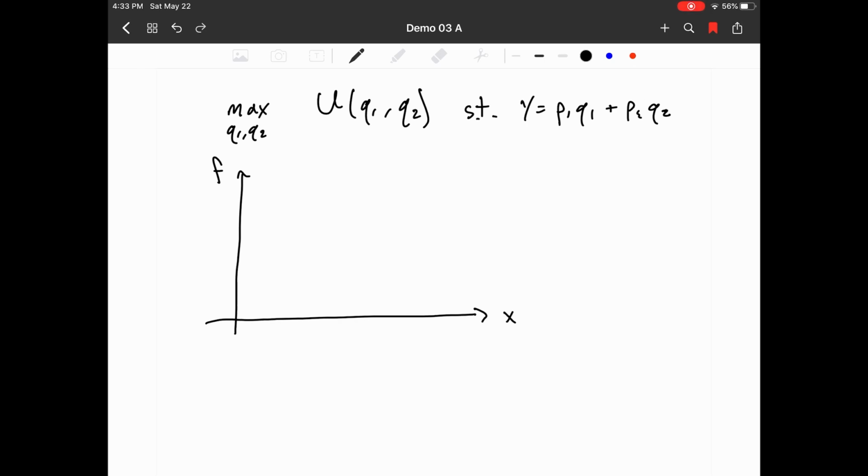But just for the sake of clarity, we're going to start relatively simply. And let's say we have some function that looks something like this. And the goal here is to find the maximum, which let's just say happens at some x star.